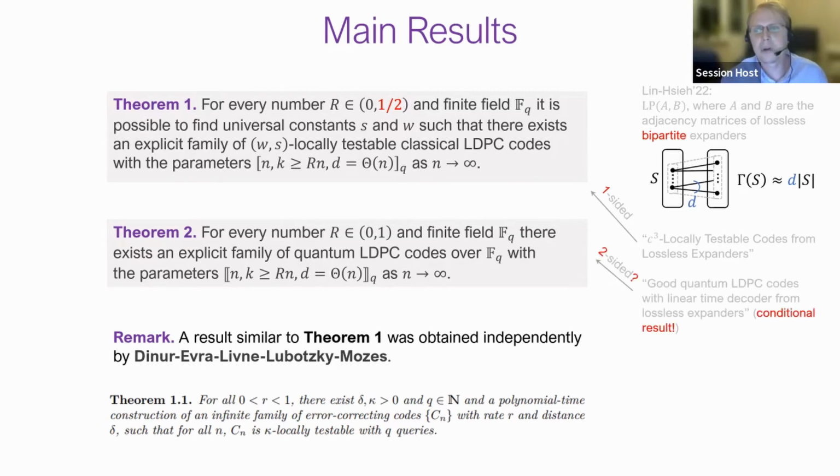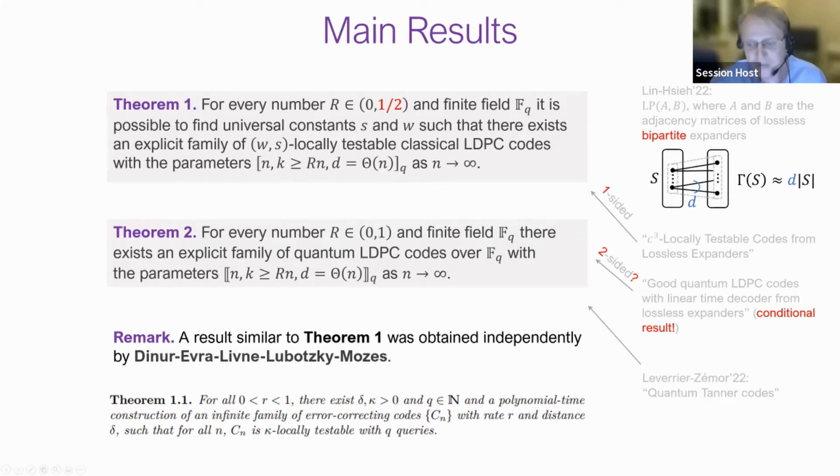What was also shown, and this is a very new result, is that if you can construct a two-sided lossless expander, which right now is not known to exist or not, then you can obtain not only good quantum LDPC codes, you can also obtain a linear time decoder, which is really cool.